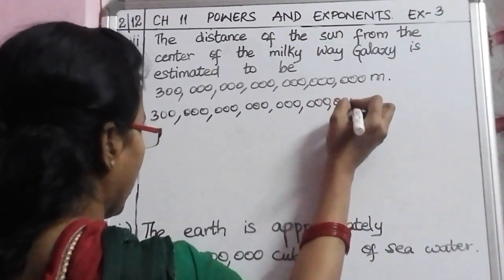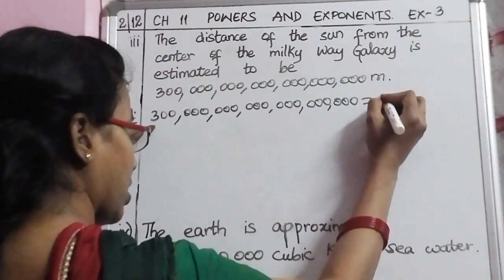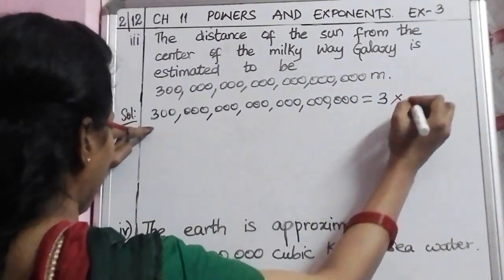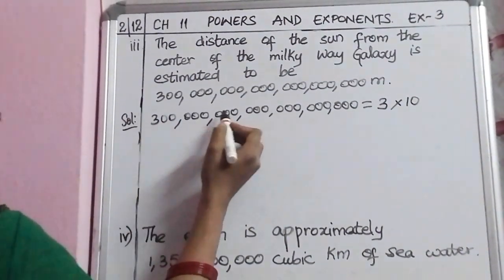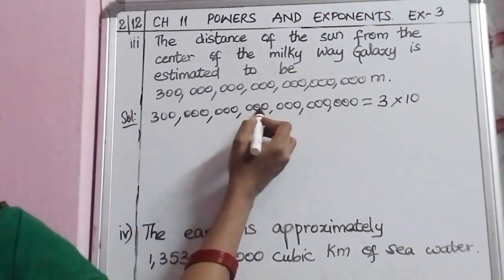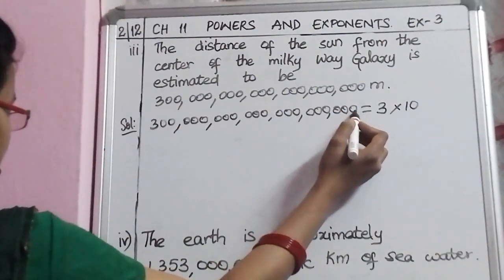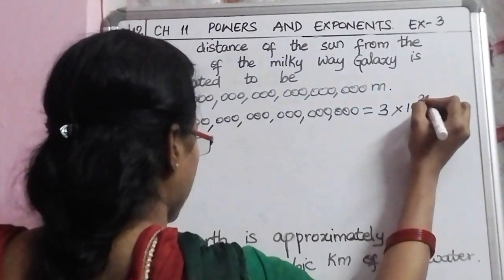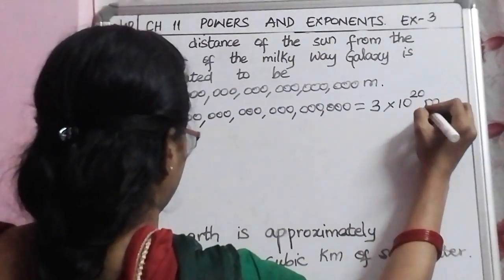Let us take the first number 3 into 10 to the power, let's count. 1, 2, 3, 4, 5, 6, 7, 8, 9, 10, 11, 12, 13, 14, 15, 16, 17, 18, 19, 20. So this is 3 into 10 to the power 20 meters.